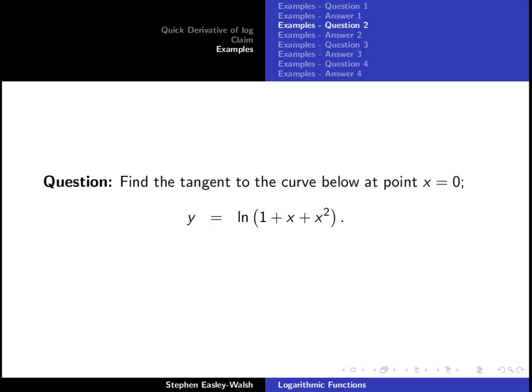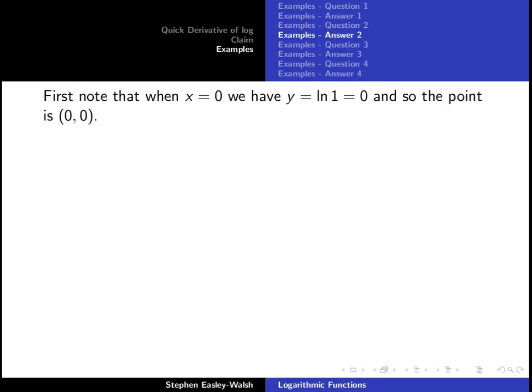Find the tangent to the curve below at the point x equals 0. The curve is y equals log(1 plus x squared). First note that when x is 0, we have y equals log 1 equals 0, and so the point is (0, 0). Y equals log(1 plus x squared).